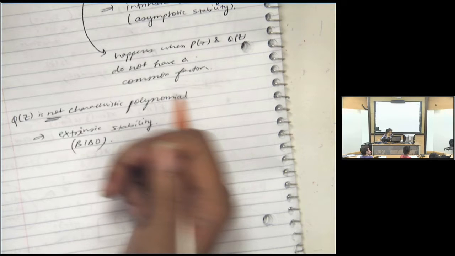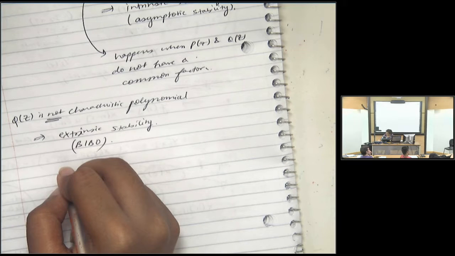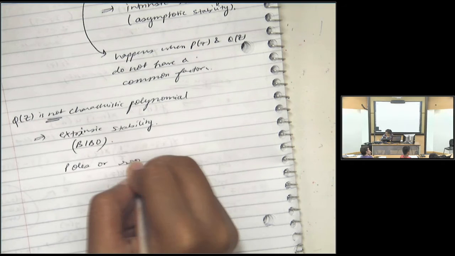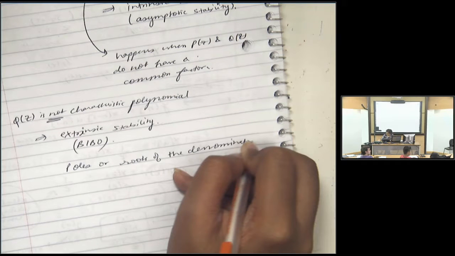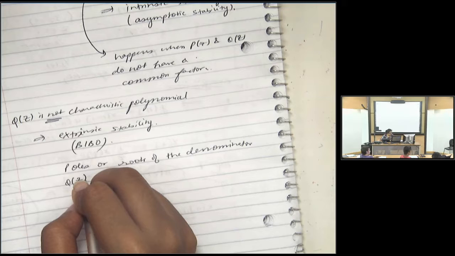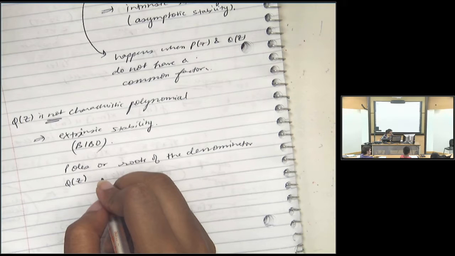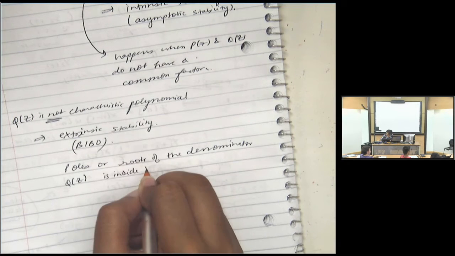You will just see if the poles, or the roots of the denominator q of z, are inside the unit circle.